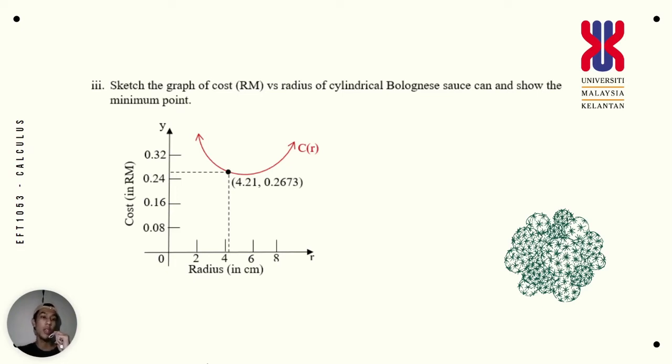So the y is cost in RM, and the x is radius in cm. So as the graph shows, we get the minimum point is 4.21 for the radius and 0.2673 for the cost.